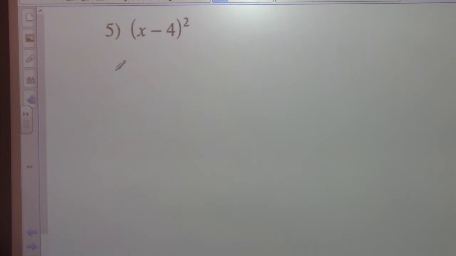What do you think? x squared minus 8x plus 16. Is that what that is? Okay, and I can see at a glance that that's right. Did you work out a box on that one? All of them you did? Okay, that's good. Again, I want to show you a shortcut on this one later on.